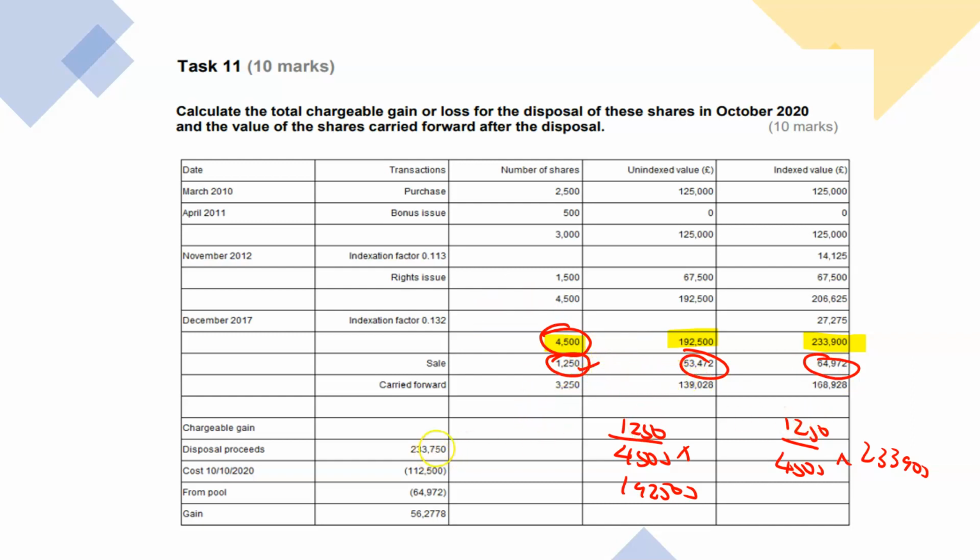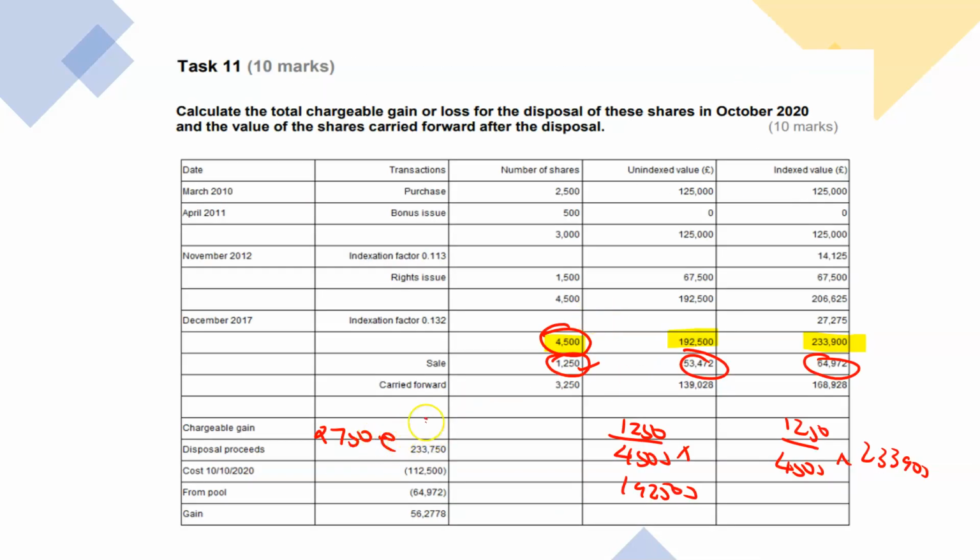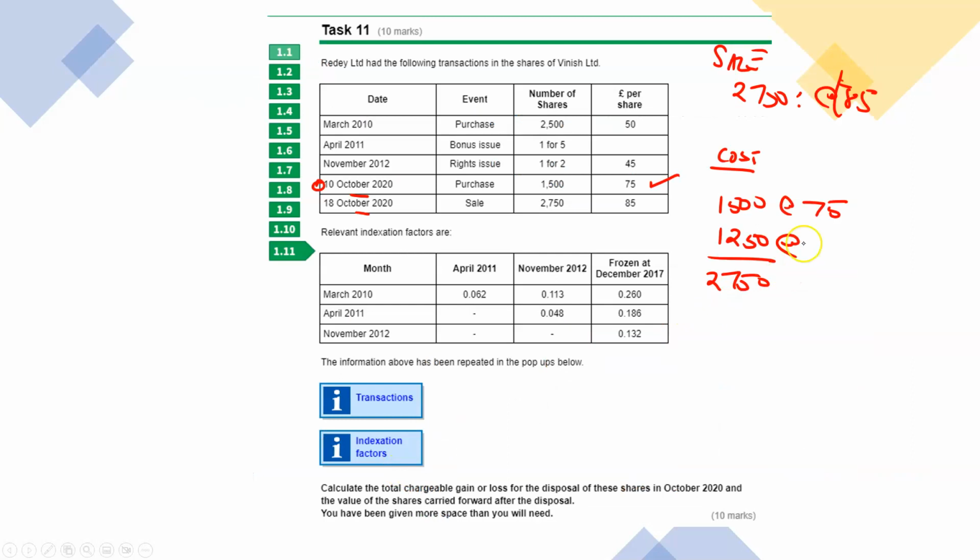And that's what you see over here. It's saying, listen, you're going to sell 2,750 shares at 85 pounds each. That's what this is. Then remember, like I showed you, you had these 1,500 shares here. Oops, sorry.